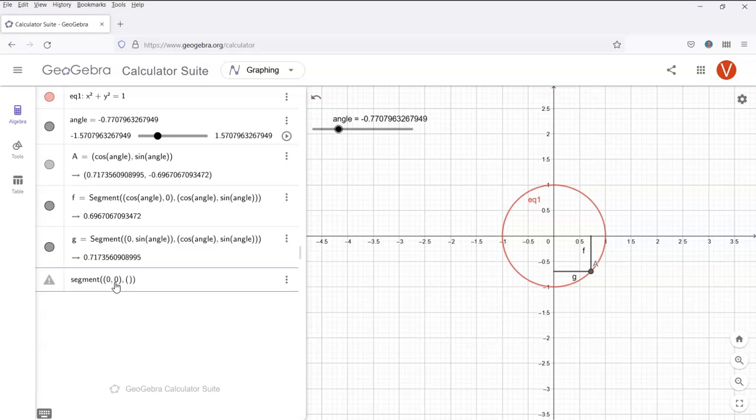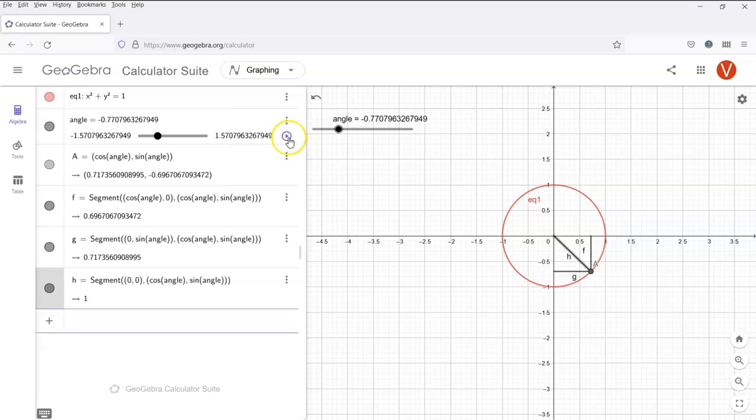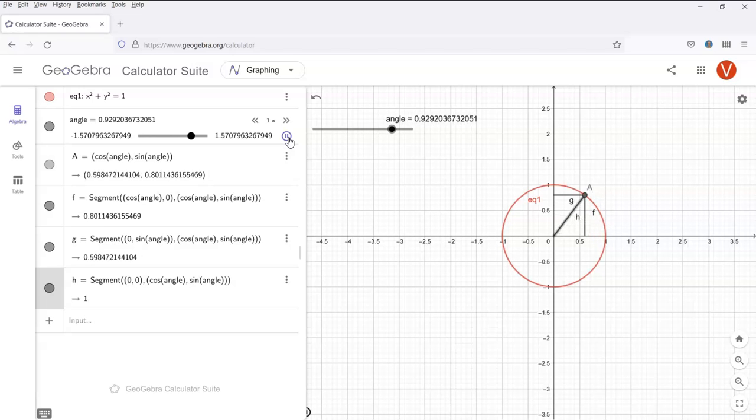We have to give 2 points to form a segment, and the other is cos angle comma sine angle. Okay, now let's play it again. So this is your trigonometric function sine and cos based on the unit circle.